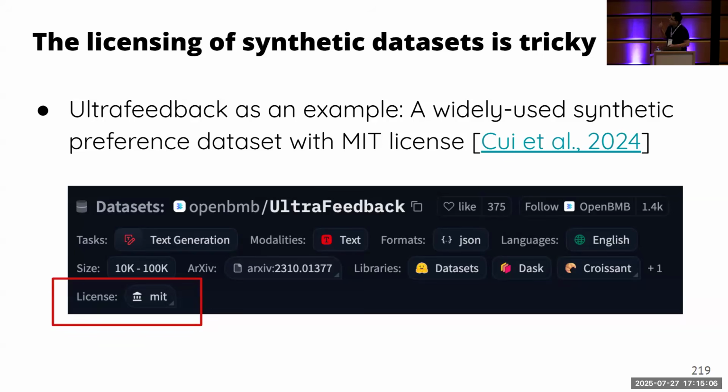This is its Hugging Face page. You can see here that the author generously released this dataset with an MIT license, although they have spent tons of money on building this dataset using some API services. This MIT license basically allows other people to use, modify, and redistribute this dataset freely.